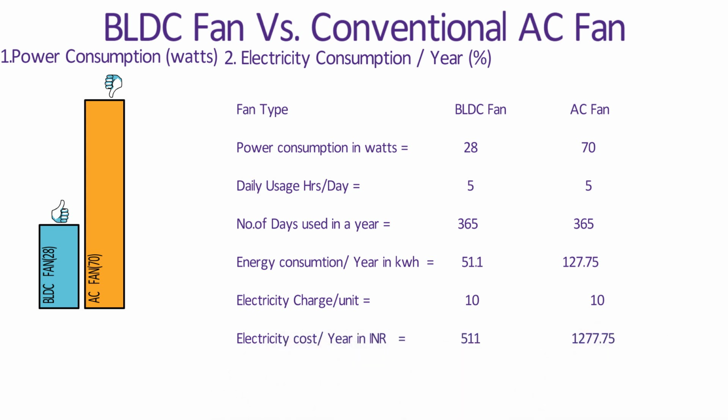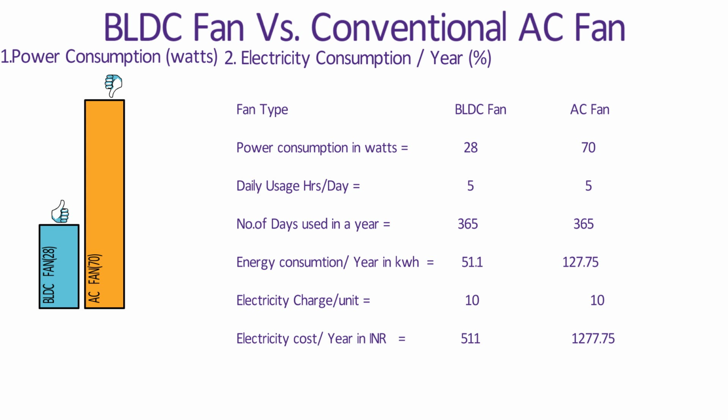For comparison, I considered AC fan is consuming a power of 70 watts. It can go up to max of 80. Assume your daily usage is 5 hours. For both fans, we keep it as 5 hours per day as run time. Next, the number of days used in a year. We just consider 365 for both fans.